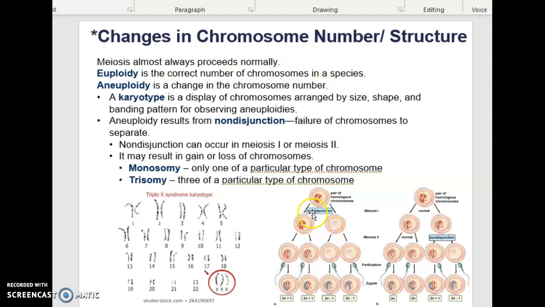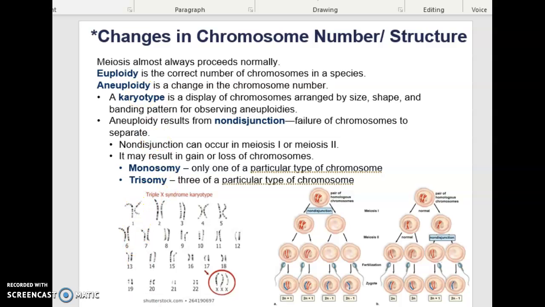So let's say right here it's showing you that instead of having a copy from mom and a copy from dad, one in each of these daughter cells, instead they both stayed in one cell. Down here it happened in meiosis 2, and up here it happened in meiosis 1. Anytime something goes wrong, it's going to cause a change in the chromosome number, and that's called aneuploidy. Euploidy is going to be the correct number.